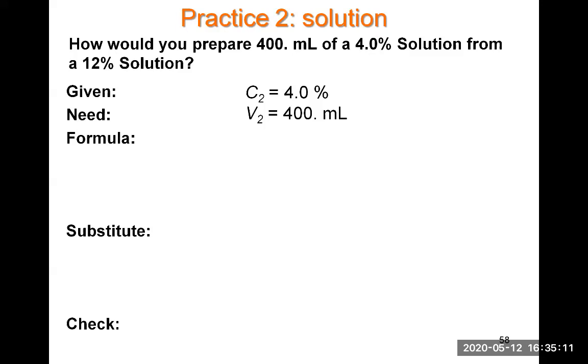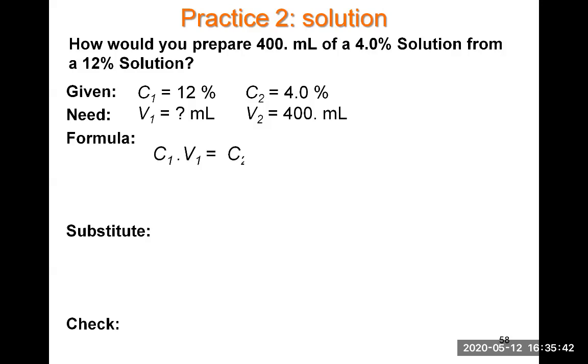So that tells you you're starting from the 12% solution, which corresponds to C1, the concentration of the initial solution. Then how would you prepare that? The missing variable is V1. We are looking for the volume we need of the initial solution, and then dilute to 400 milliliters.